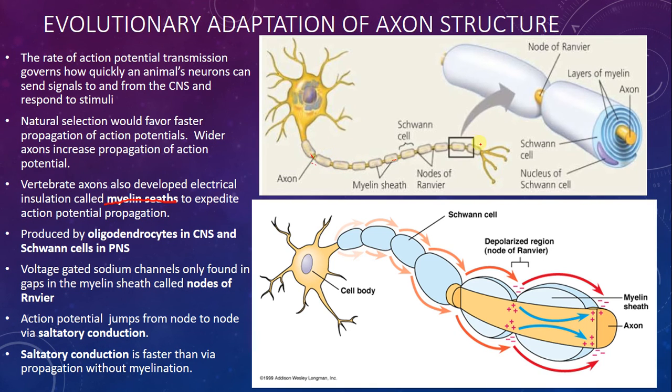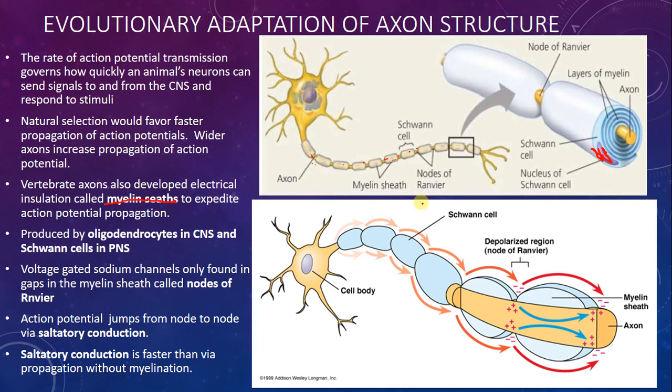So this is the myelin sheath, and the layers of myelin come in little beads spaced out. And in the CNS, the myelin is created through oligodendrocytes, and in the PNS, Schwann cells create the myelin sheath. So here's a Schwann cell, here's the nucleus, maybe this is a PNS cell, and it wraps around and layers this axon in myelin.